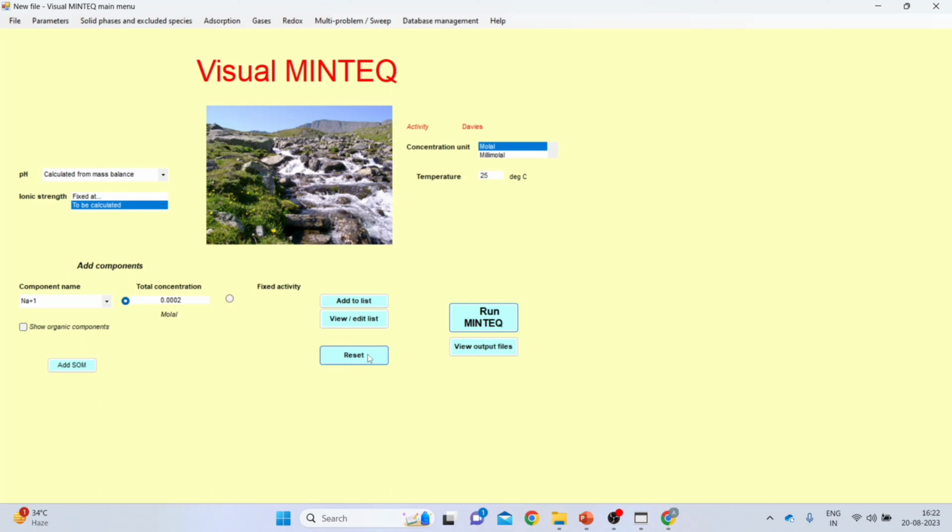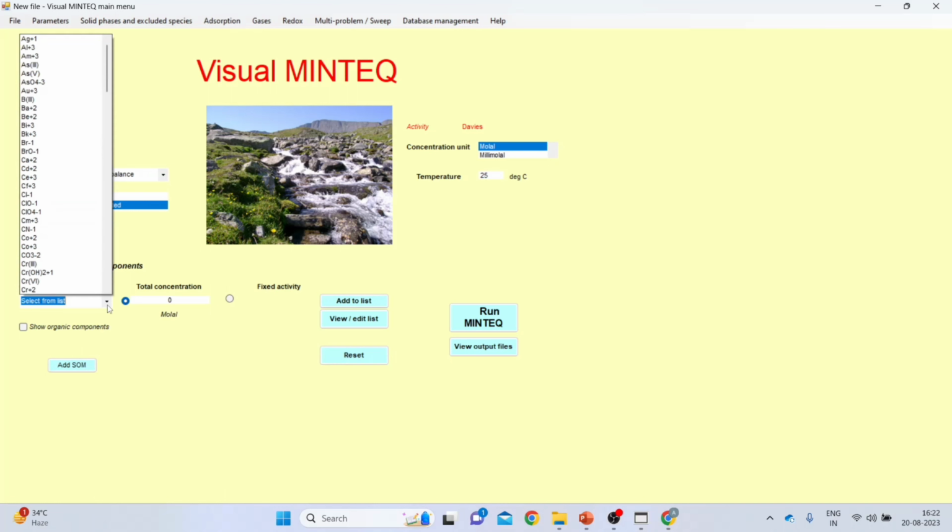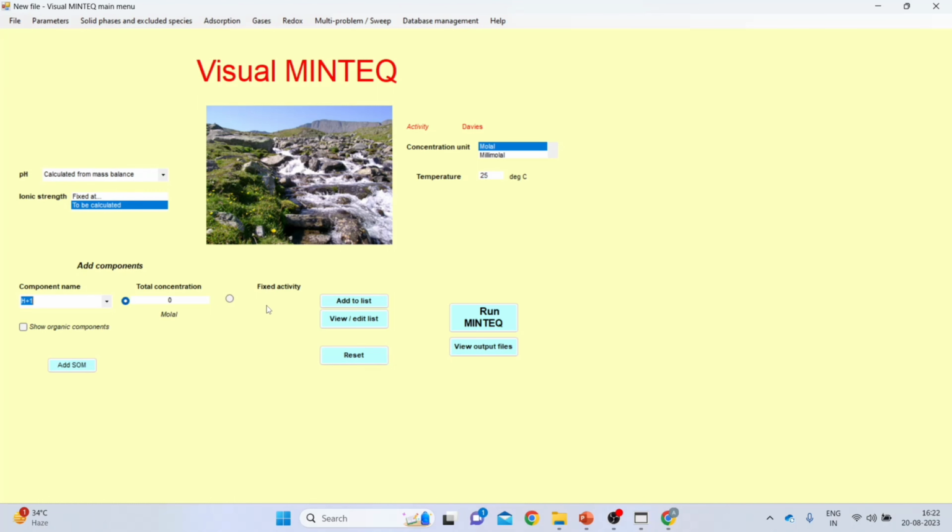So first we will reset, and then we will add the concentration of H plus.